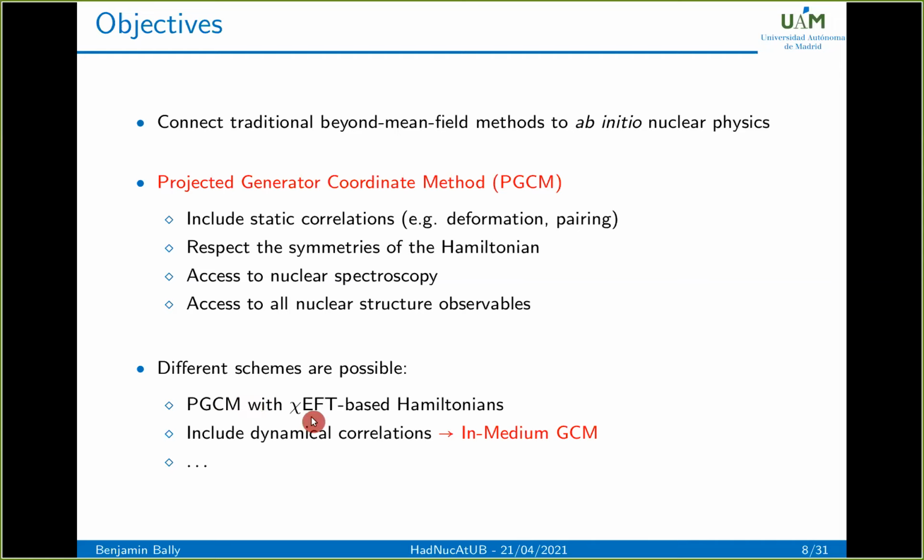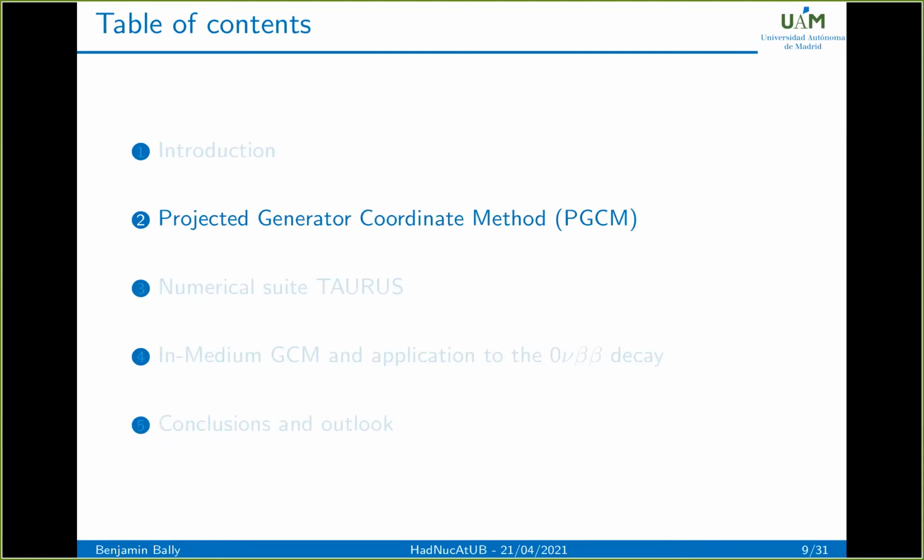In particular, I will show how to include what we call dynamical correlations through what has been called the in-medium generator coordinate method, which is a merging of the IMSRG method with the GCM. But you could design some other schemes, depending on what you can do or what you want to do, but we'll keep it at that.